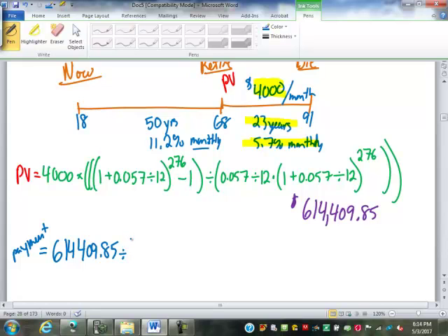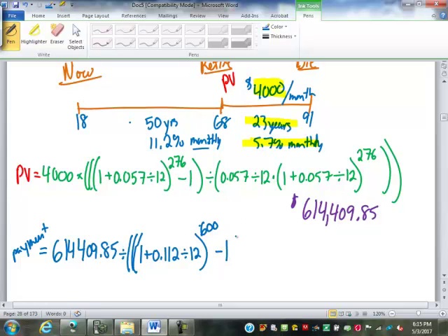Divided by, I'll give you the three parentheses. 1 plus 0.112, yep, divided by 12, parentheses 276. Careful. 50 years now. 600 months?